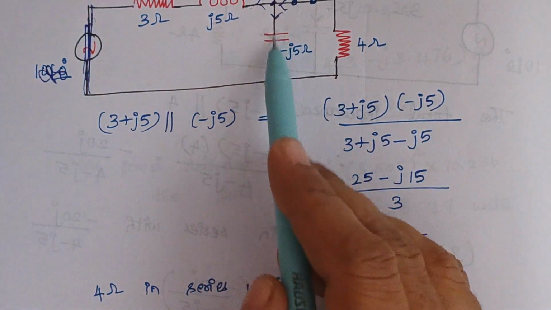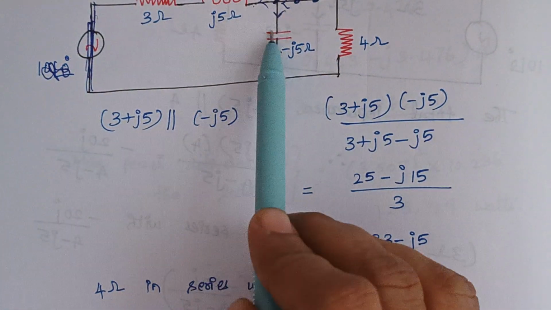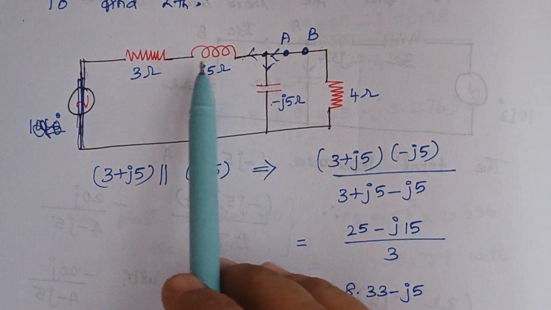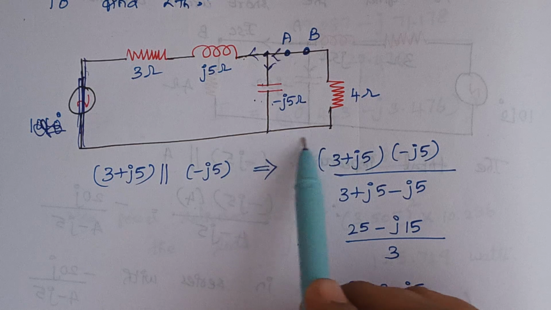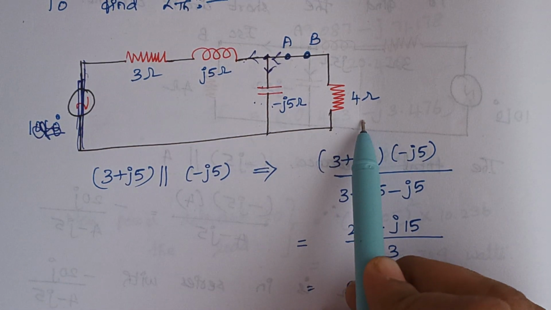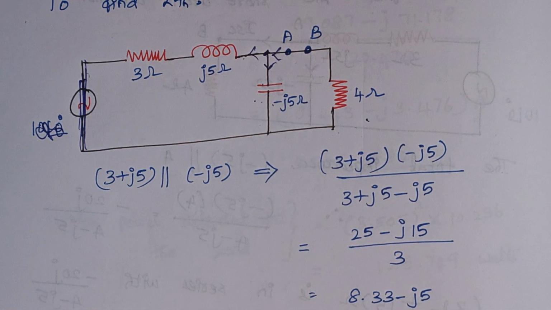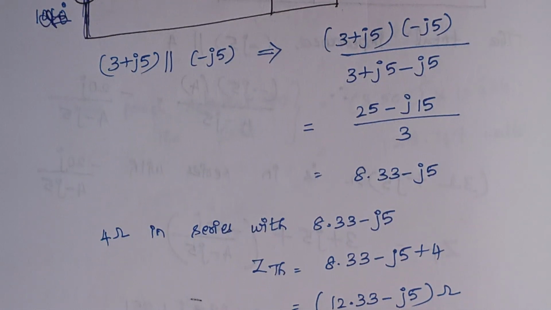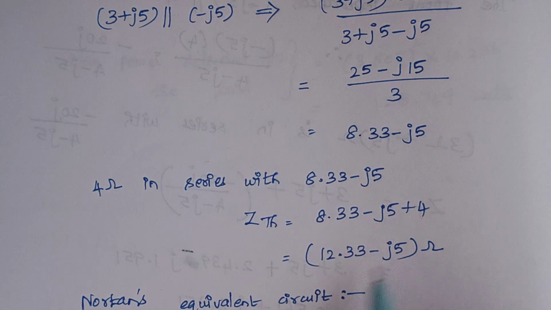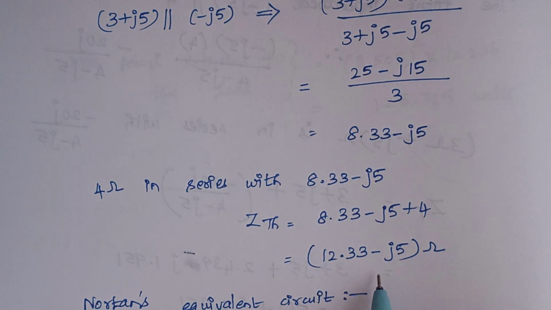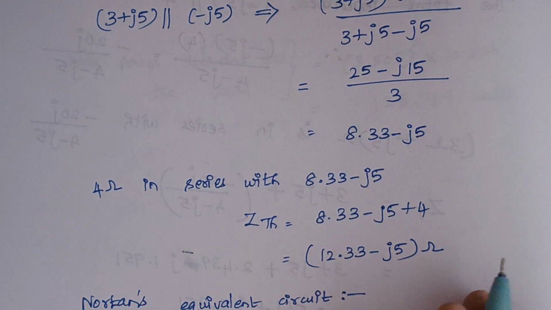Now we have reduced these two into a single impedance, and that impedance is in series with this 4 ohms, right? So we are just adding, since the 4 ohm is connected in series, and here the Z Thevenin is 12.33 minus J5 ohms, right?